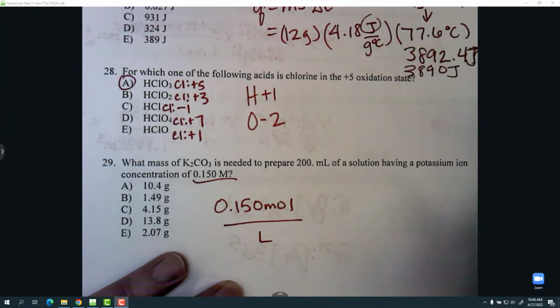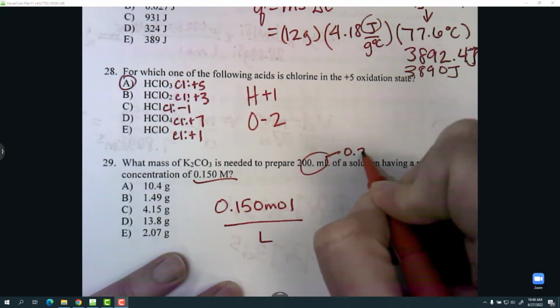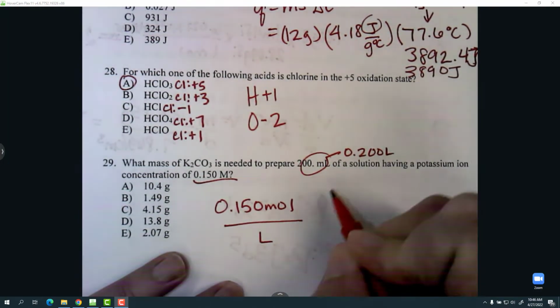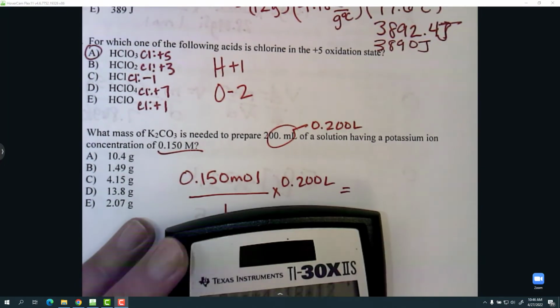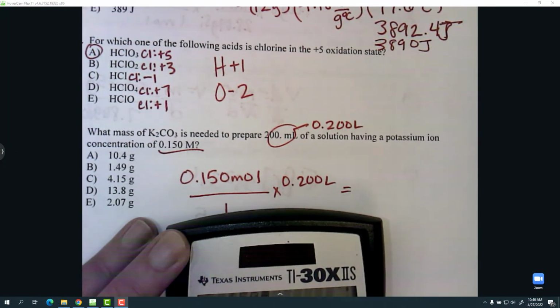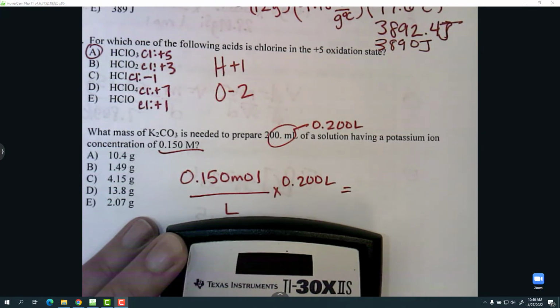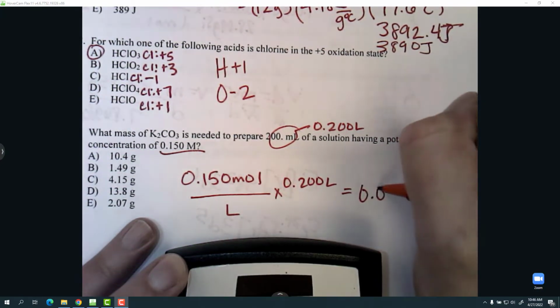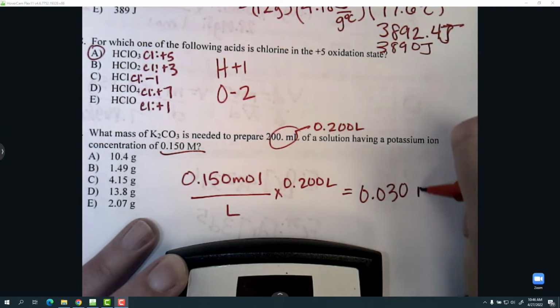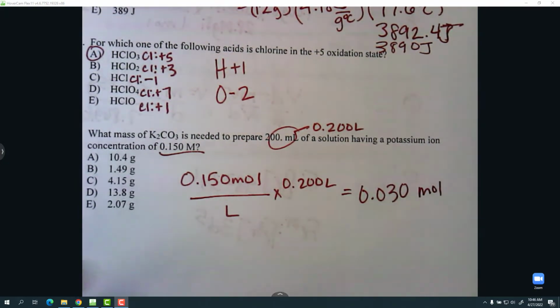That's what molarity means. So I can convert this to liters and make my liters cancel by multiplying. All right, so that's how many moles I need of the whole thing.